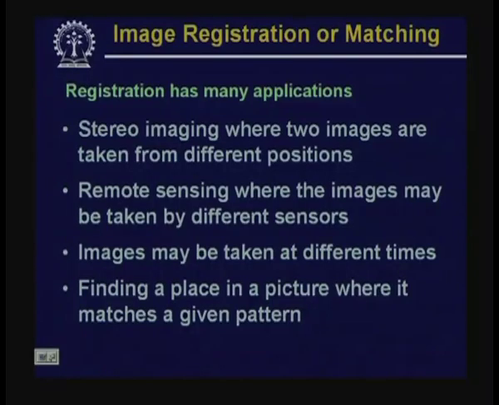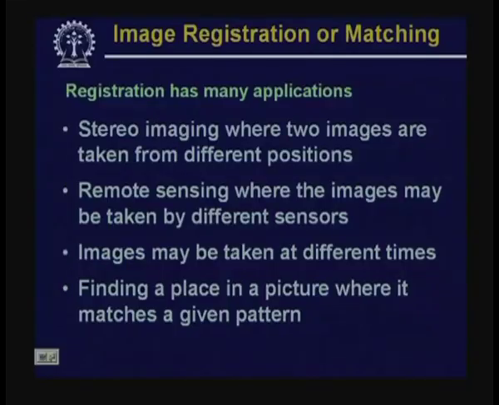So, all this information can be obtained when we register the images taken at different instants of time. There are other applications, like finding a place in a picture where it matches a given pattern. Here we have a small image known as a pattern or a template, and we want to find out where in another image, usually of bigger size, this template matches best.